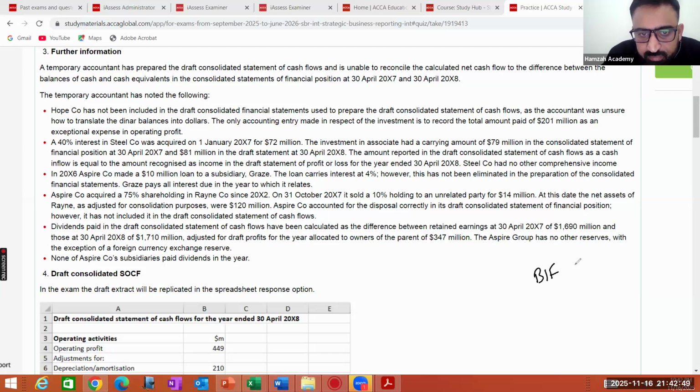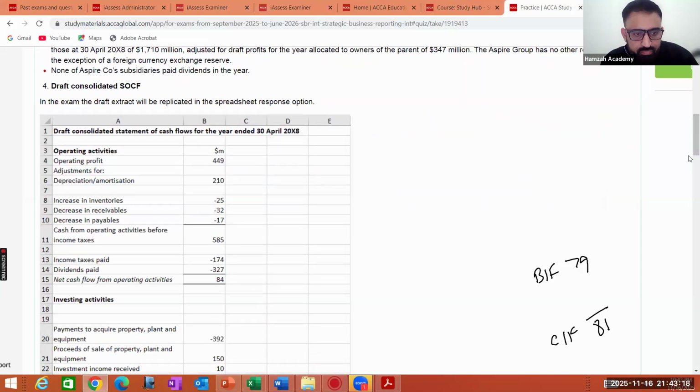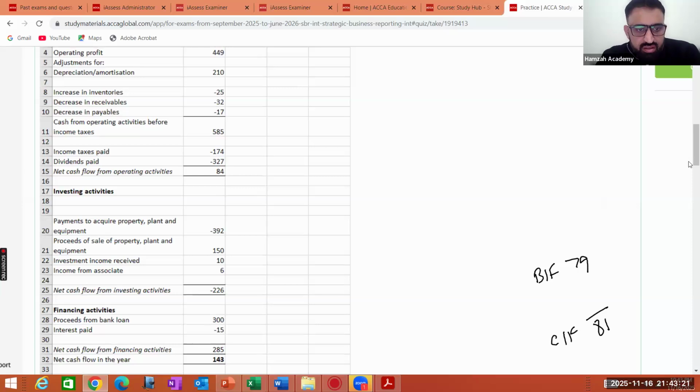The balance brought forward was 79 and the carry forward, the closing value of the associate, is 81, and in the cash flow statement in the investment category they have shown 6 million, but this is not cash.